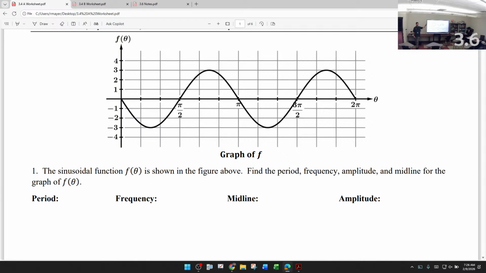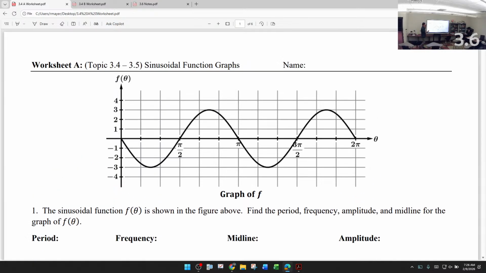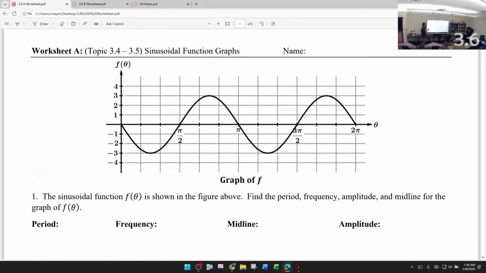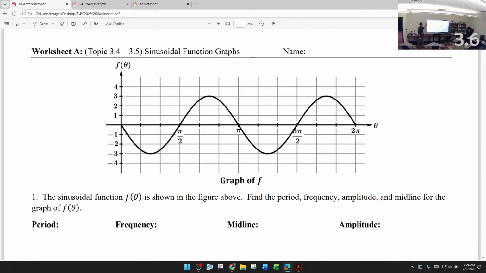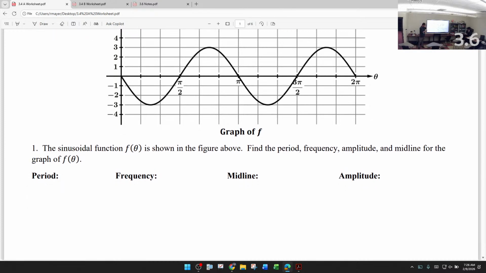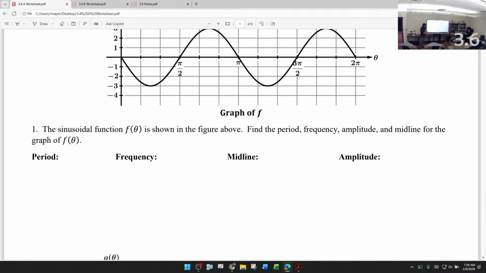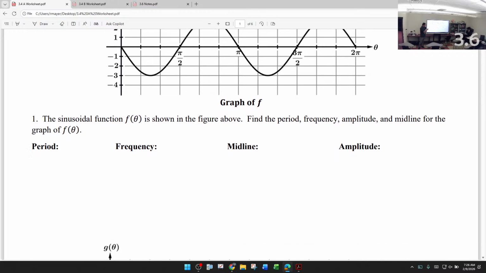Is there anything we can clear up before we get going on 3.6? You have to understand the graphs of 3.4 and 3.5, the sinusoidal function graphs: period, frequency, midline, amplitude. Period is how long it takes to get through one cycle.